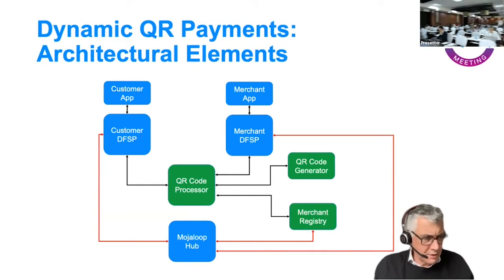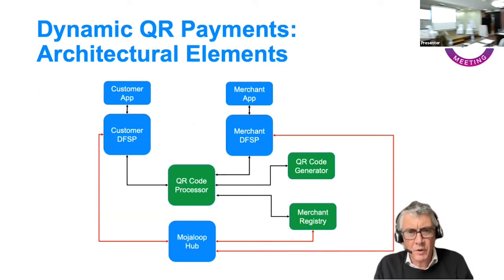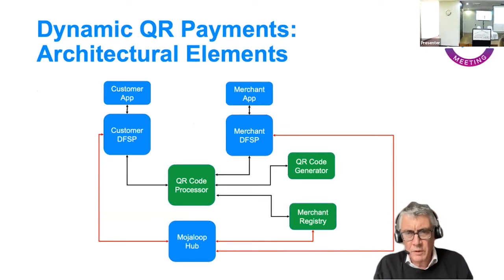These are the elements that we'd have to build for a dynamic QR payment, which requires a connected and live QR code processor, which is connected to every transaction. It requires a QR code generator, which can generate one for every transaction, and it requires a merchant registry.